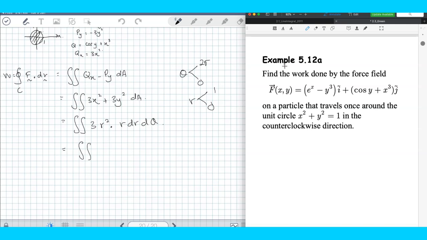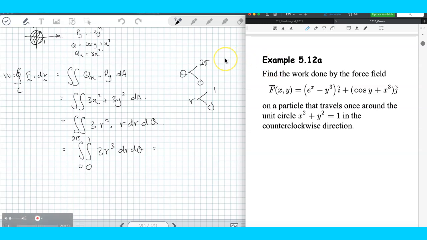So 3r cubed dr d theta, r from 0 to 1, theta from 0 to 2 pi. I'm sure there is no problem here, just a simple integration.